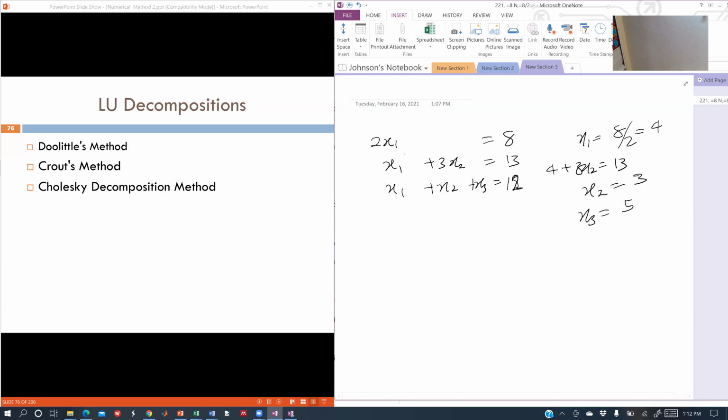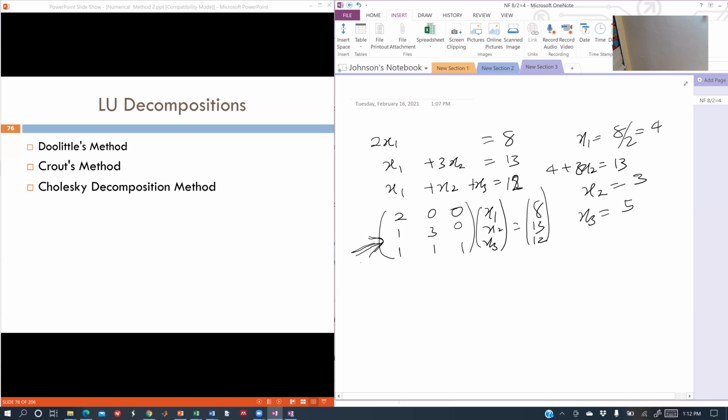And what kind of system is this? This is a system where the coefficient matrix looks like 2, 0, 0, 1, 3, 0, 1, 1, 1, times x1, x2, x3, is equal to 8, 13, 12. What kind of matrix is this particular coefficient matrix?